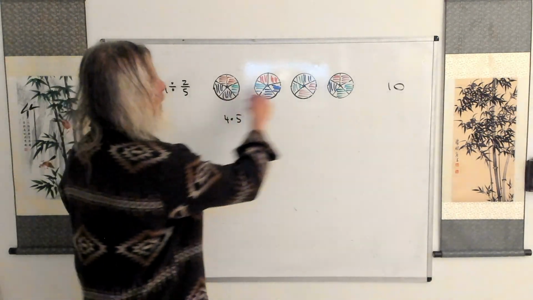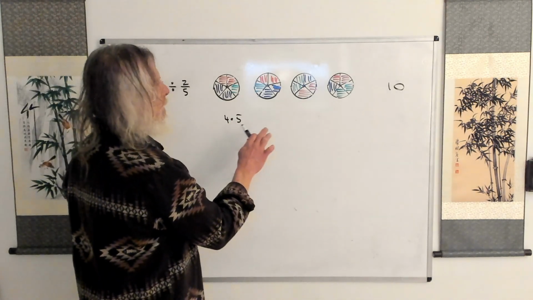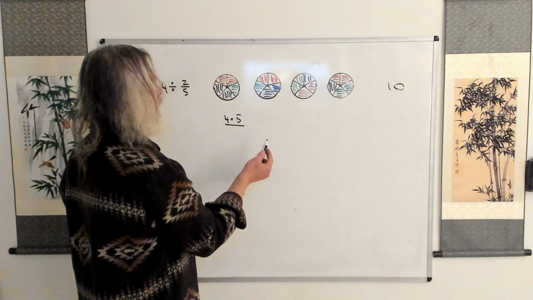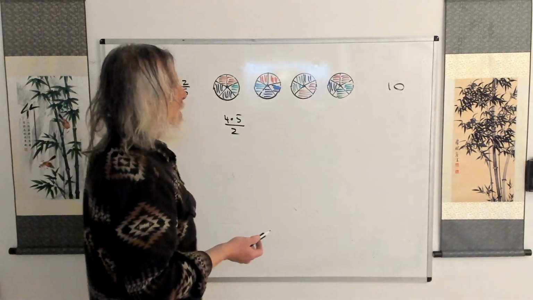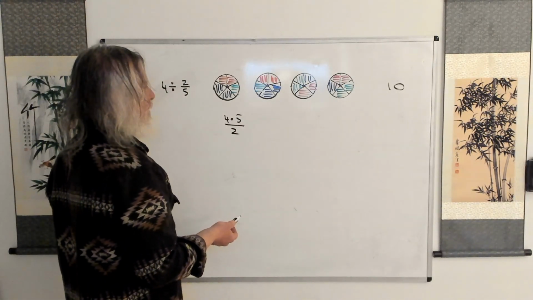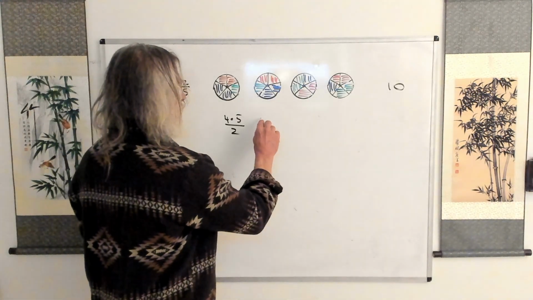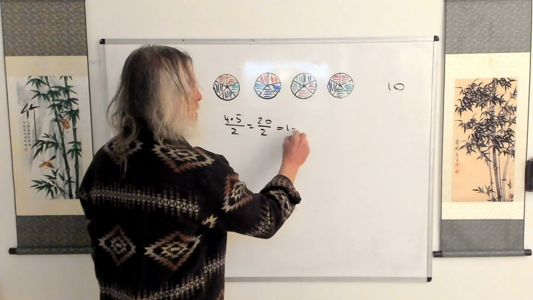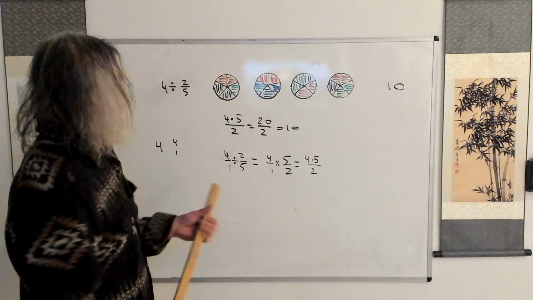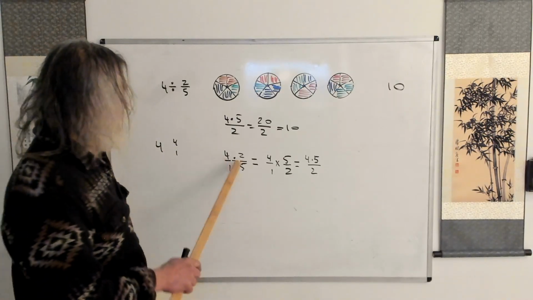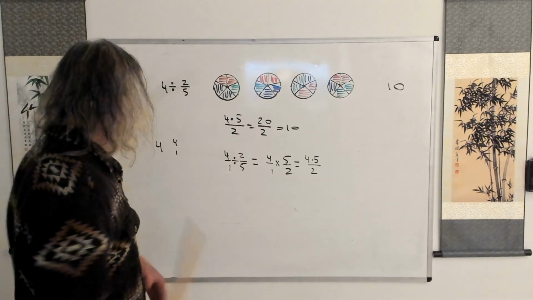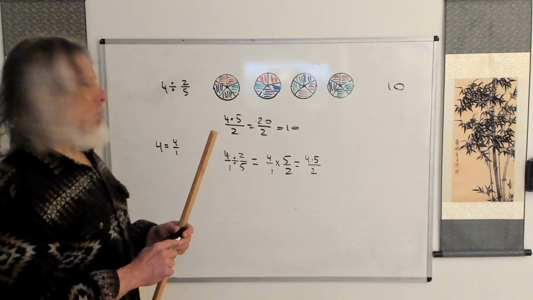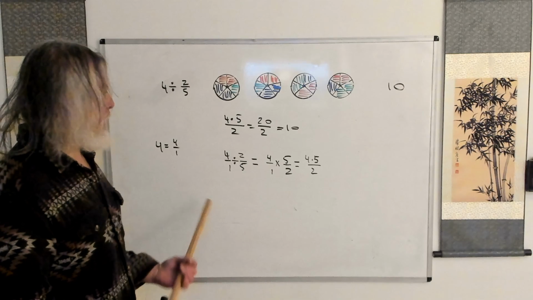So we got the 4 things, cut them into fifths, so there's 5 times as many. Then divided that into groups of 2. So 20 over 2 is 10. And so we see, if we do it like this, 4 divided by 2 fifths, because 4 is the same as 4 over 1, so I'll write it like that for the sake of the multiplication.